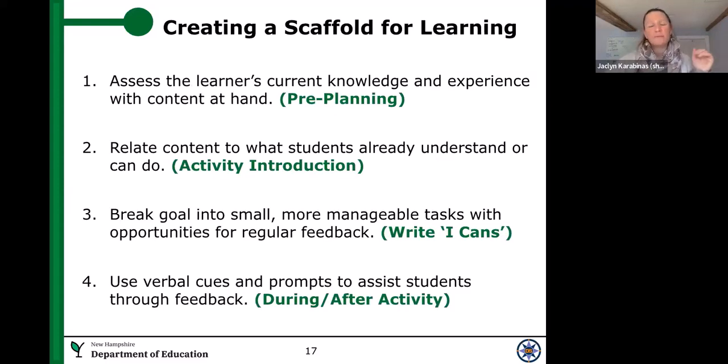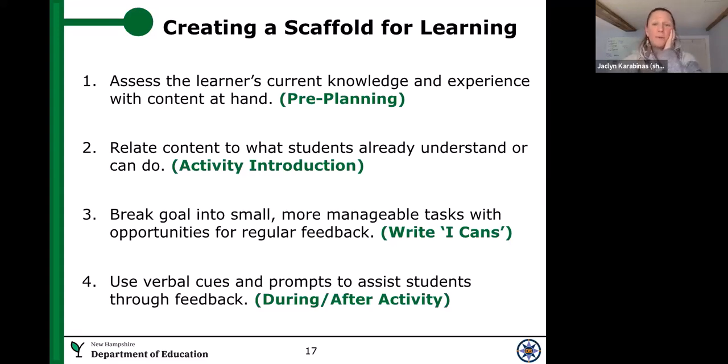And so I kind of talked through this process already, is that we're really thinking through what students already know and can do, and then trying to relate it to what they've done before, what they understand, what they've already shown that they can do. And now this is where we need to decide what our goal is, and based on our knowledge of students, break it down into smaller, more manageable tasks with I cans.